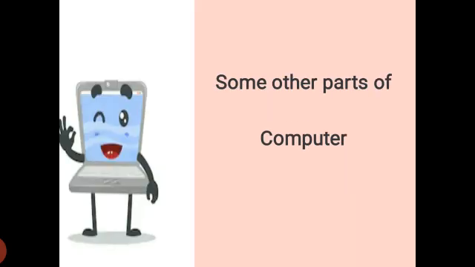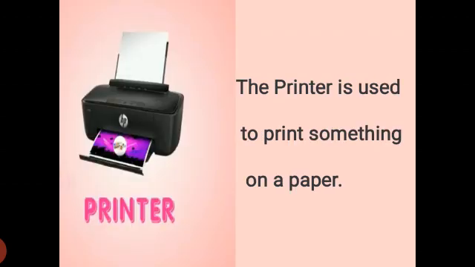Now the next point, some other parts of the computer. These are the four main parts. Now we will come to the next parts. That is the printer. The printer is used to print something on paper. Printer, have you seen it? Yes.